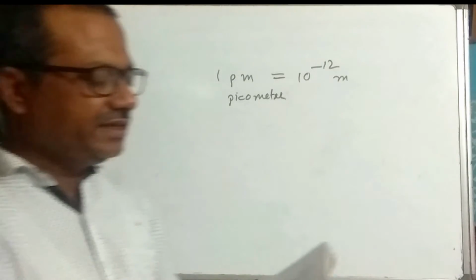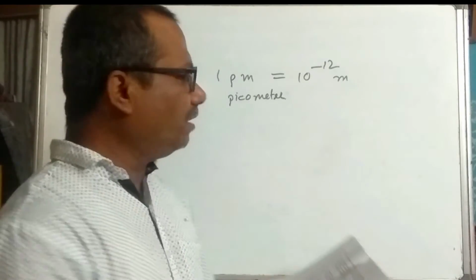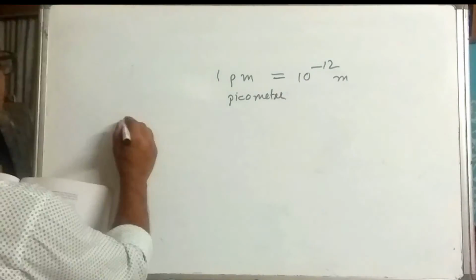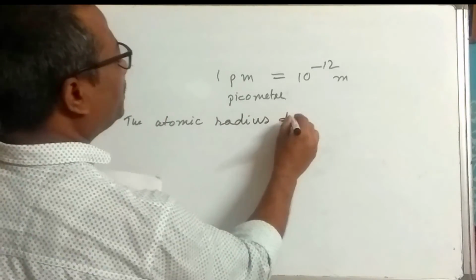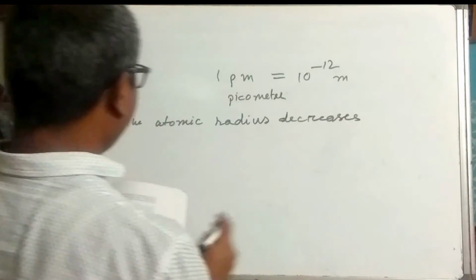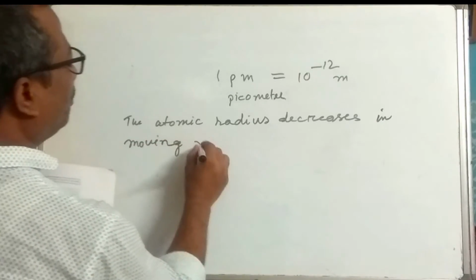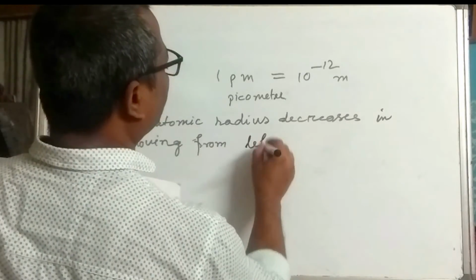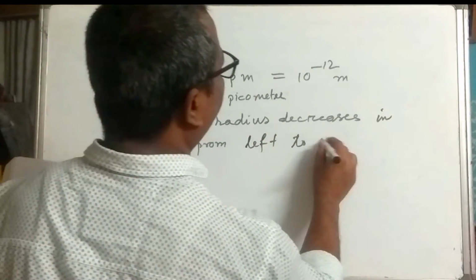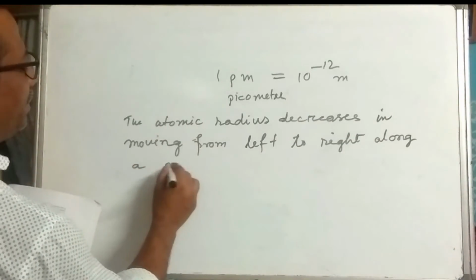Atomic radius decreases in moving from left to right along a period. So remember this one. The atomic radius decreases in moving from left to right along a period.